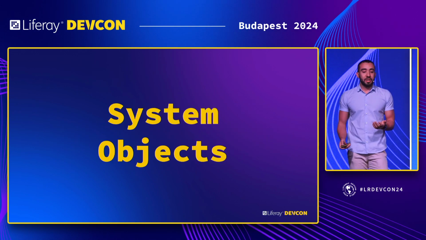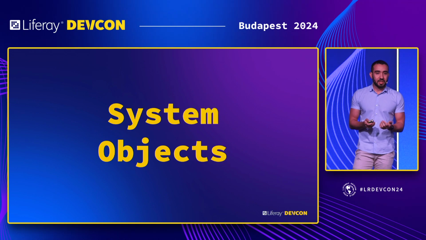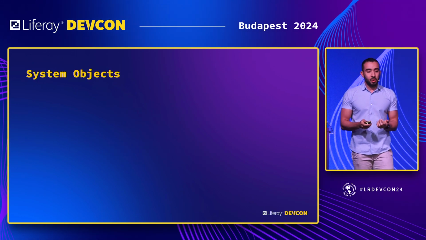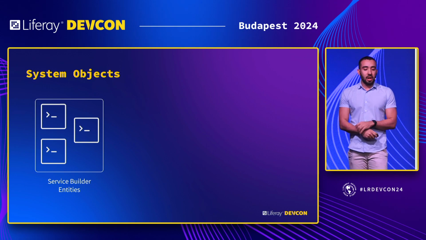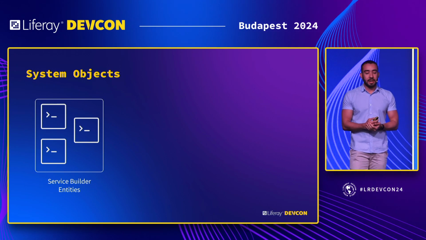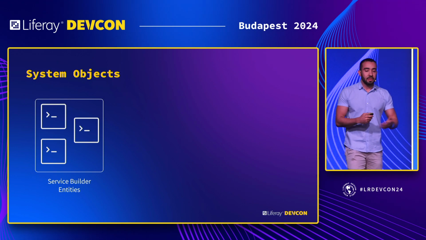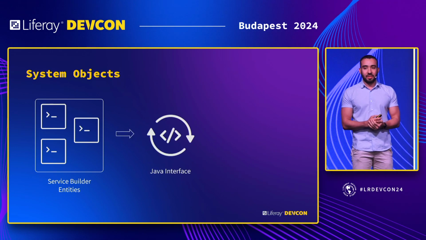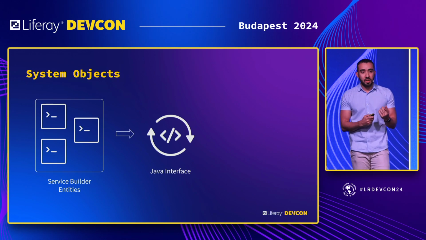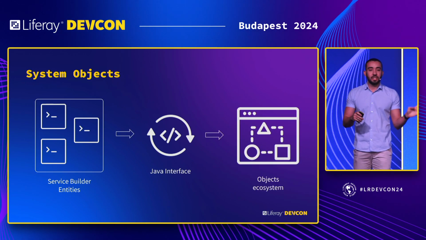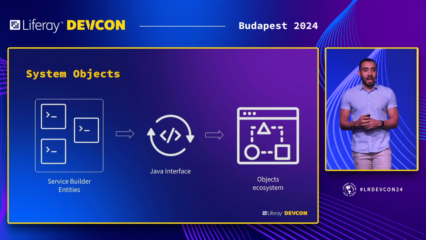So the solution will be system objects. Okay? With system objects, you will have your service builder entities that you've done. And just by implementing a Java interface, just one, you can place this service builder into the object ecosystem.